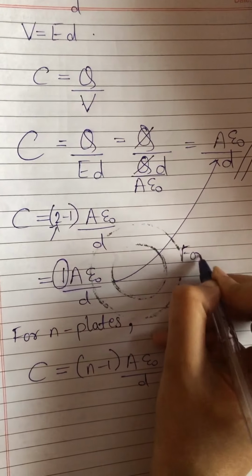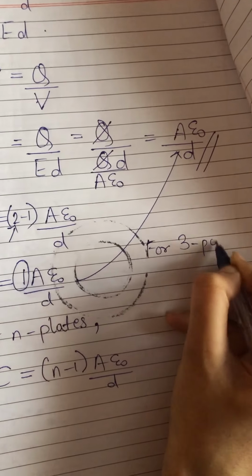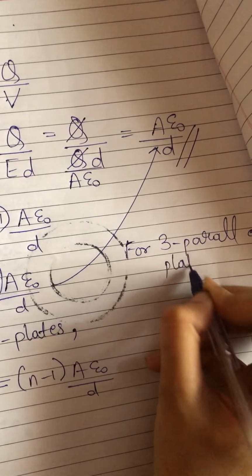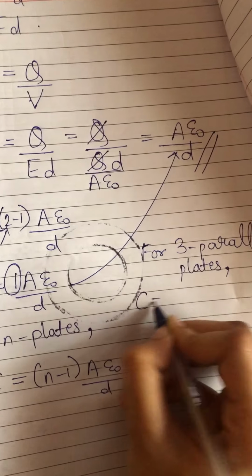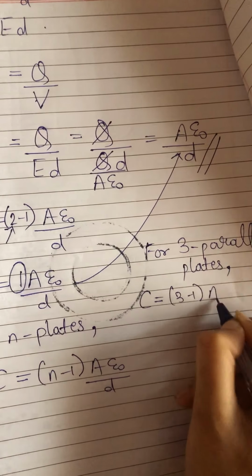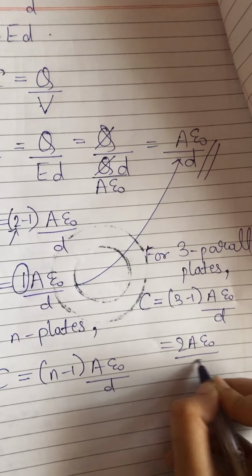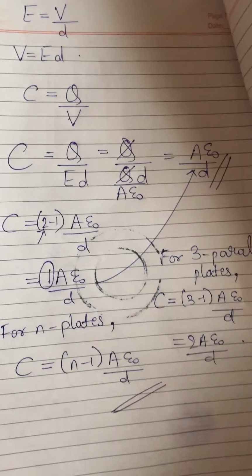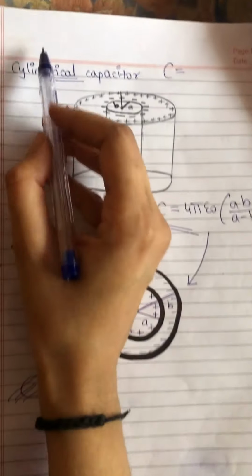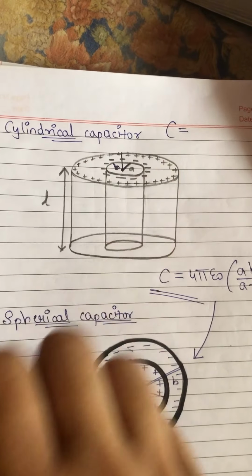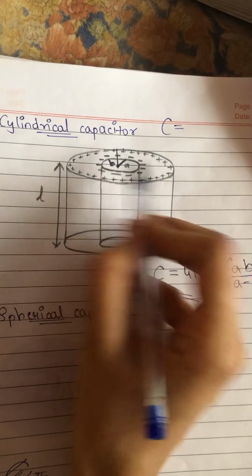Okay, for 3 parallel plates, what will be the capacitance? It will be 3 minus 1 times A epsilon naught upon d, that is 2A epsilon naught upon d. Hope you understood this.